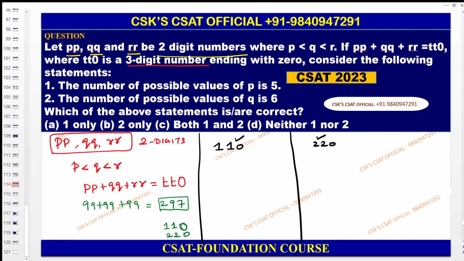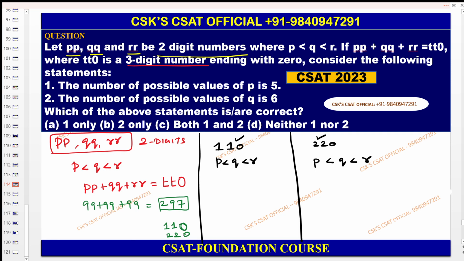The constraint here is P less than Q less than R. With this constraint you are able to form in both the cases. Now 0 can't be present here. If you place 0 here, it is not a 2-digit number. So therefore 0 can't be placed in the place of P.